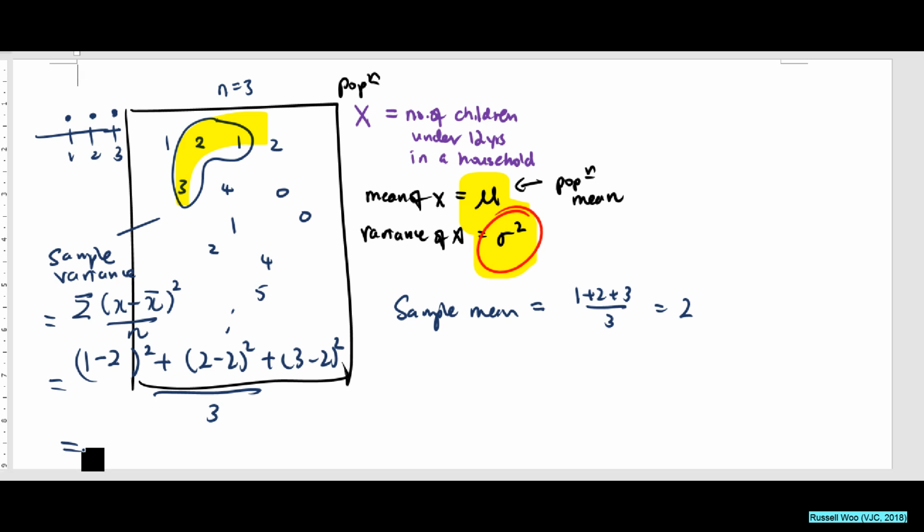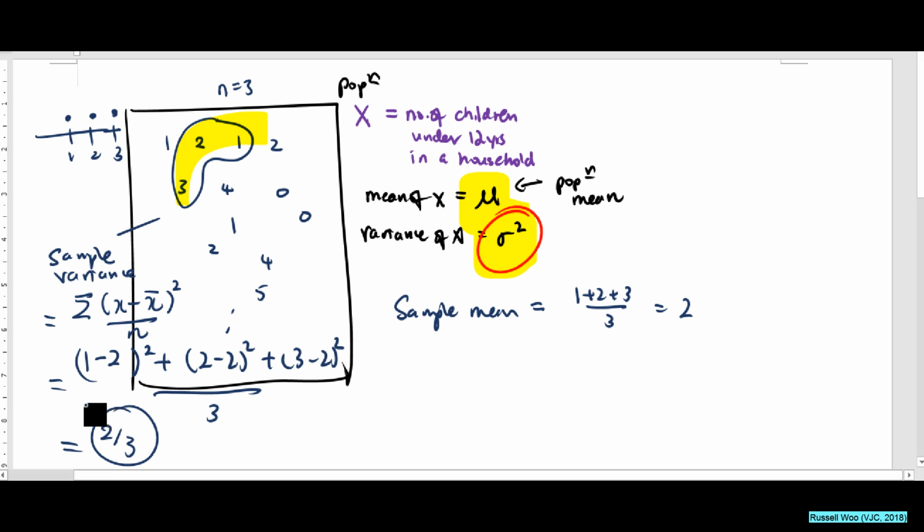This one will be very big. Correct? You look at the number line, if 1 is very far away, 3 is very far away, this value will be very big. But if it's 1, 2, 3, the sample variance, if we calculate, will be 2/3. Because I have 1 plus 0 plus 1, so 2/3.